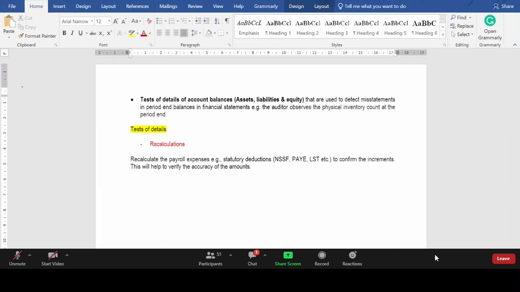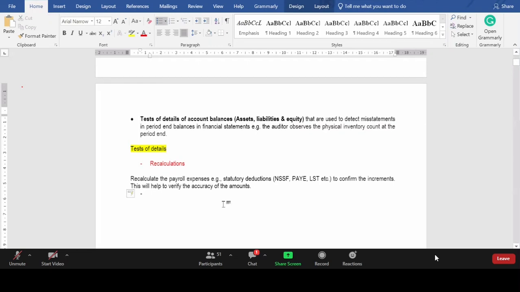Then the next test of details will be inspection. Okay, for inspection, external confirmation.